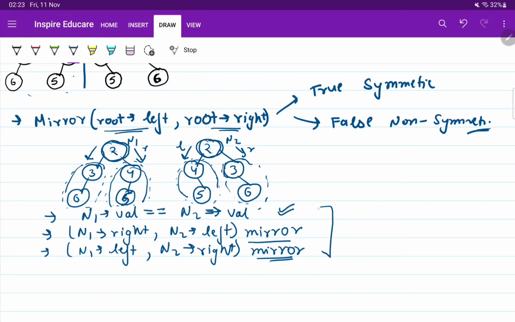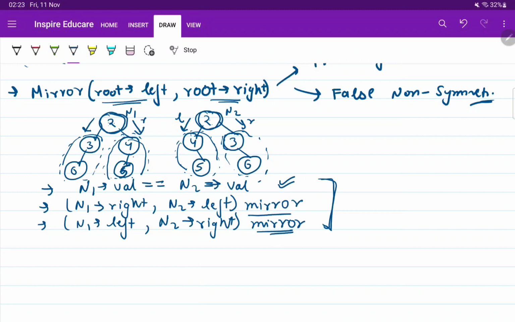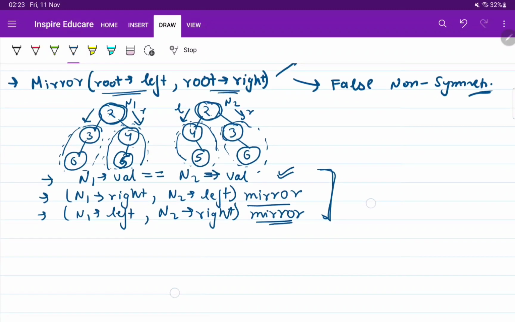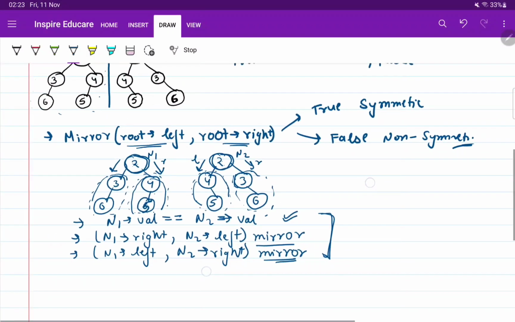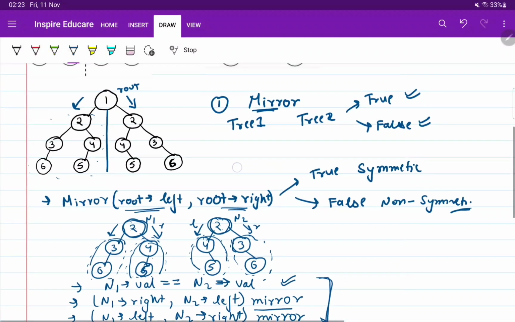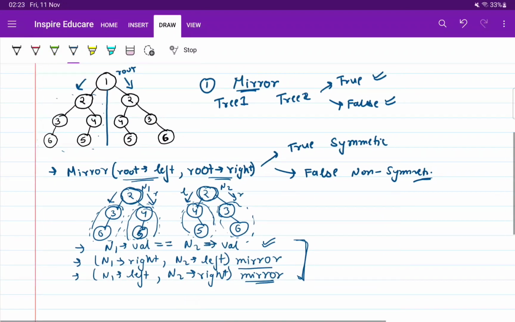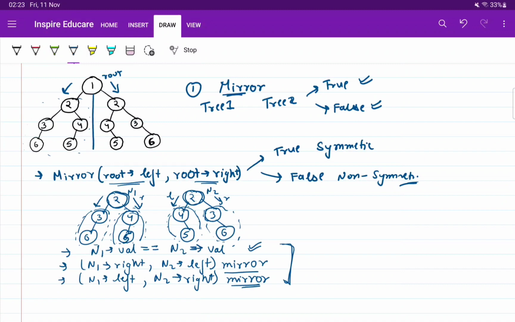If these three conditions are true, then I can say that both of these trees are mirror to each other, right? And if both of these trees are mirror to each other, that means our main tree is symmetric, right? So these are like the conditions.